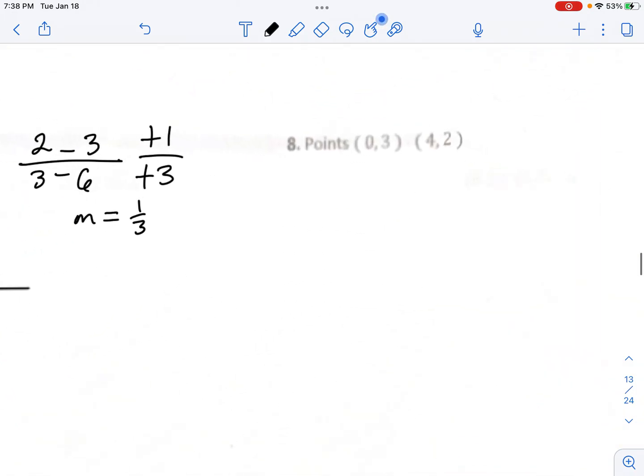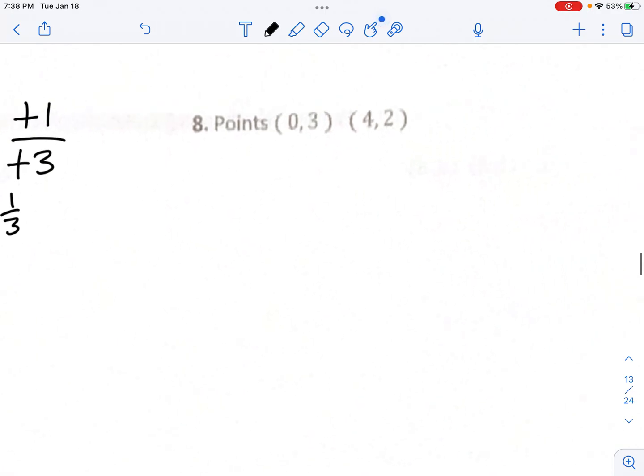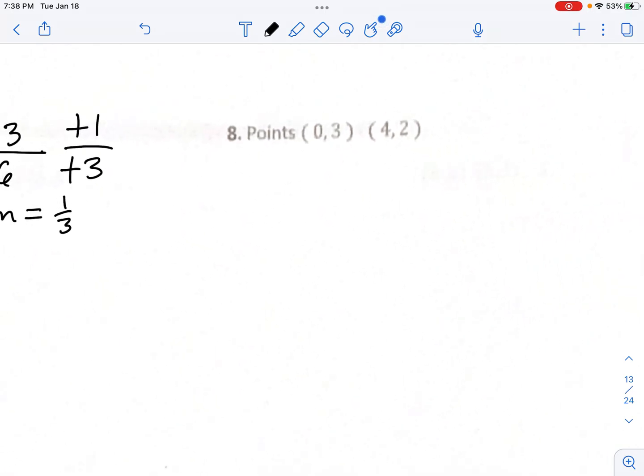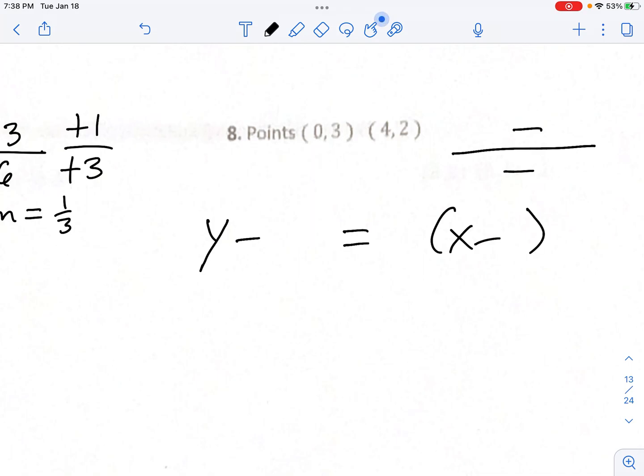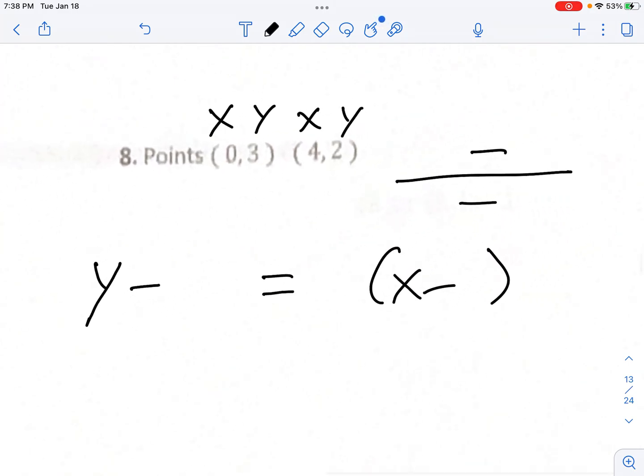All right? These 2 points. I think a lot of you are probably getting the hang of it by now. You need the slope and you need the point slope setup. All right? So slope is y over x. So y is on top, exactly where they're at.